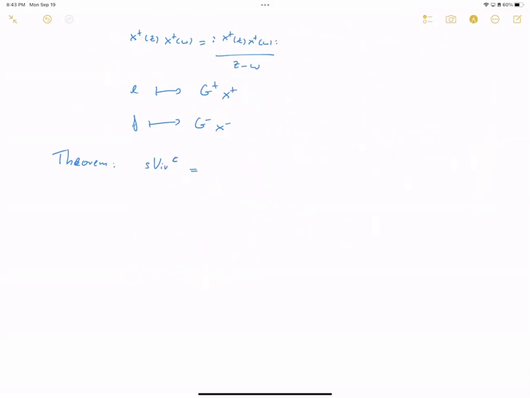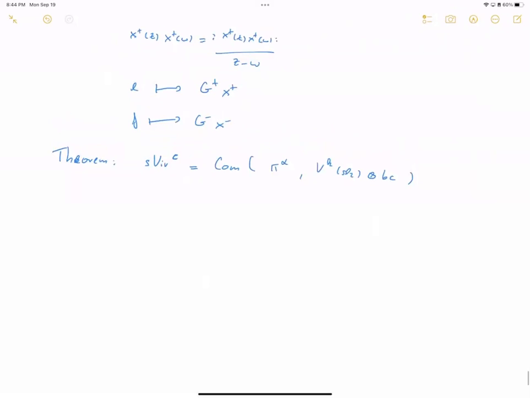So for example, the superconformal algebra is the subalgebra of SL2 times these two free fermions, B and C, that commutes with a Heisenberg subalgebra. So here, pi alpha is a suitable Heisenberg subalgebra inside this bigger one. You can work it out for yourself which one it must be.